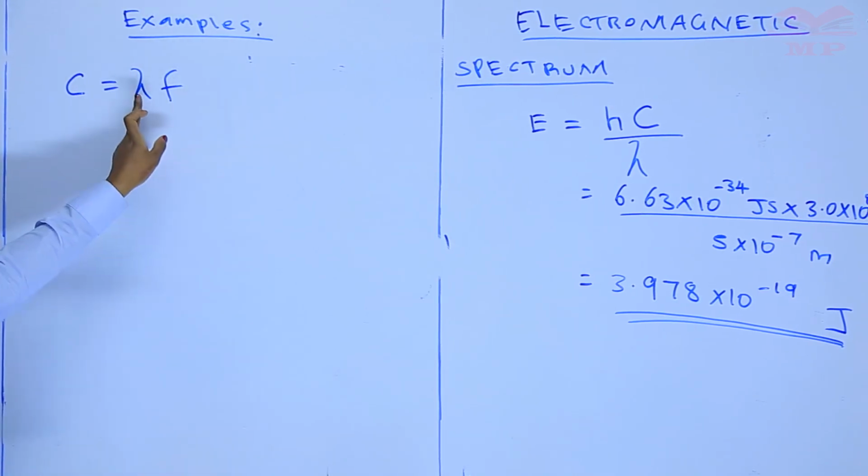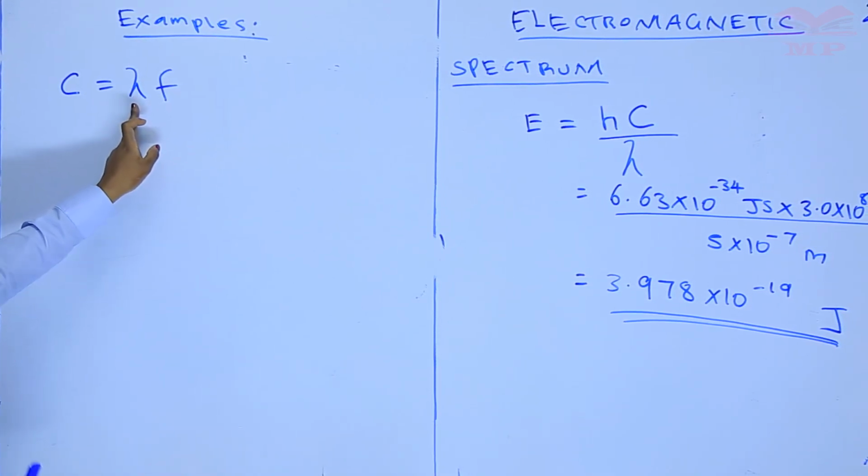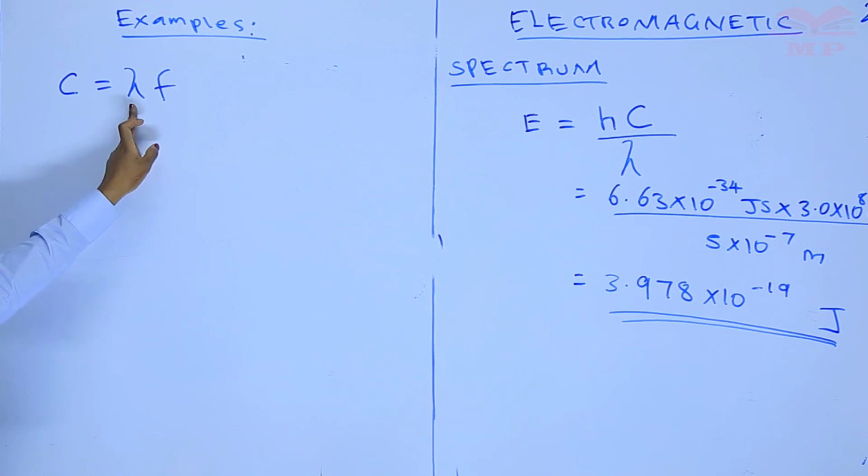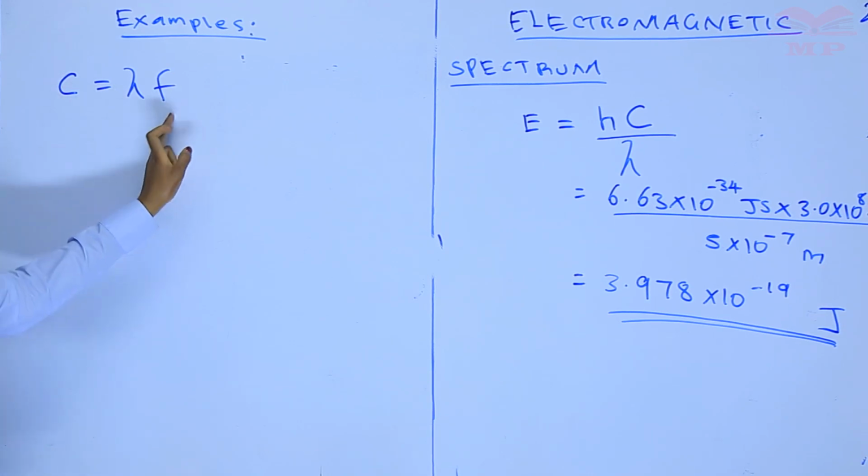In our question, we want to get the wavelength. We can make it the subject of the formula, or simply we can just substitute what we have and finally get the wavelength.